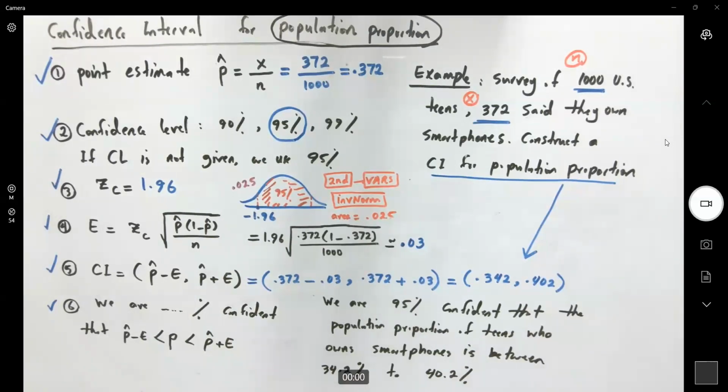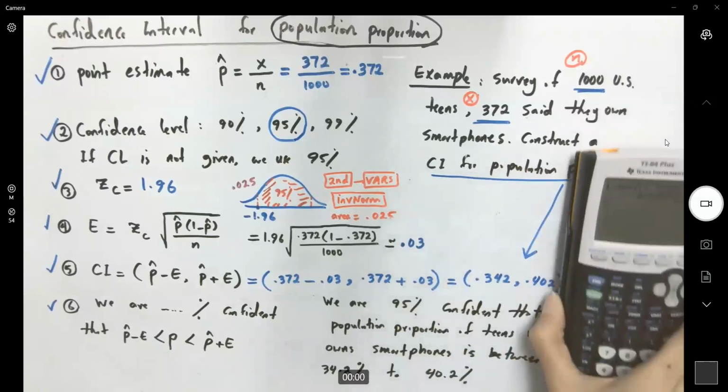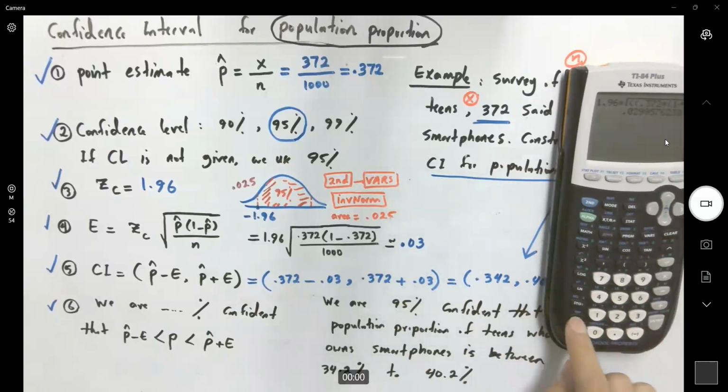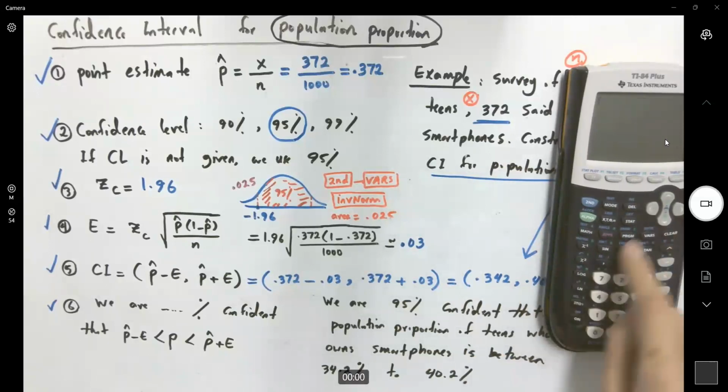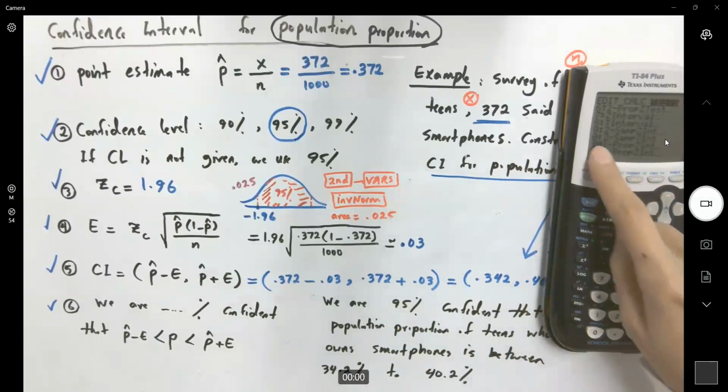Now, let us use our calculator to make sure our calculations are correct. To use your calculator, you go to Stat, you go to Tests, and then since it's about population proportion, you need to find one proportion Z interval.